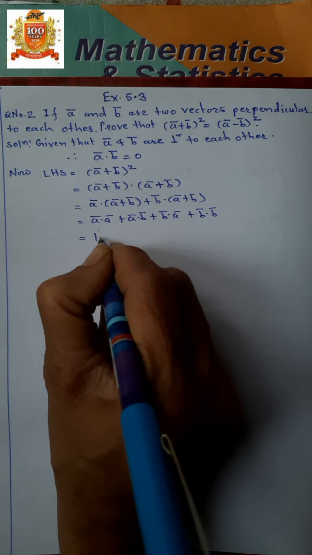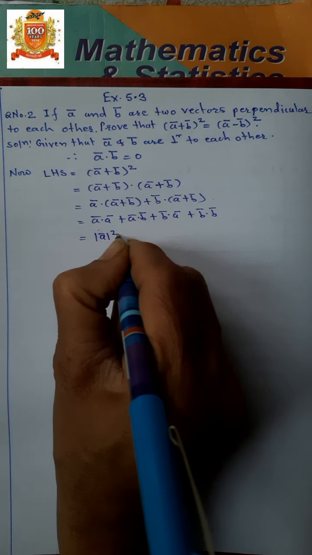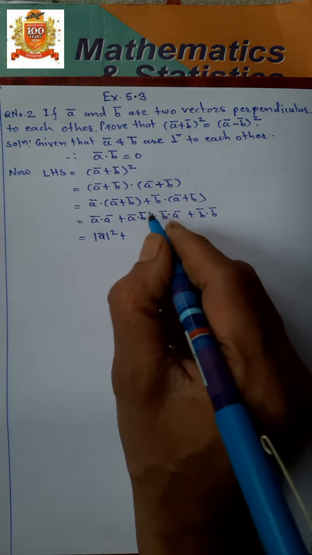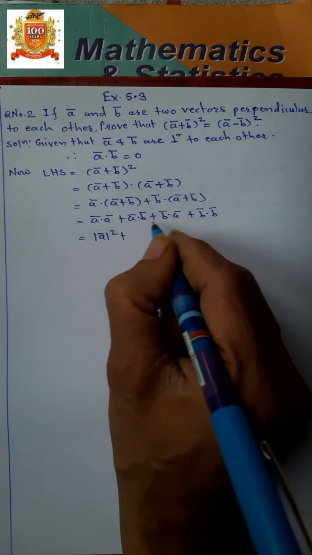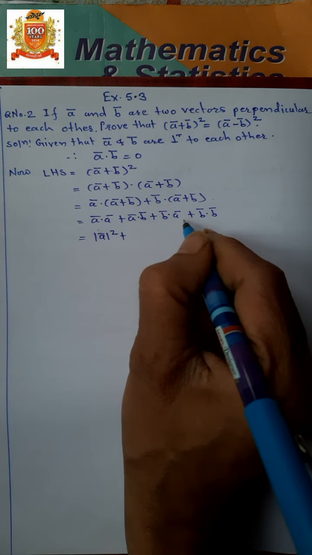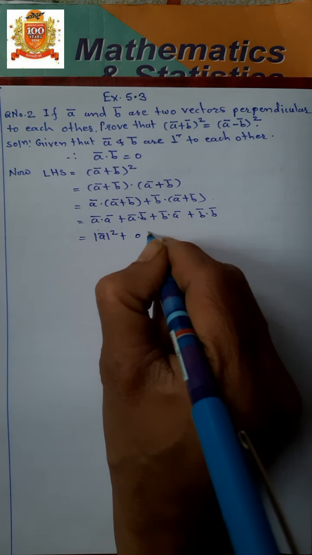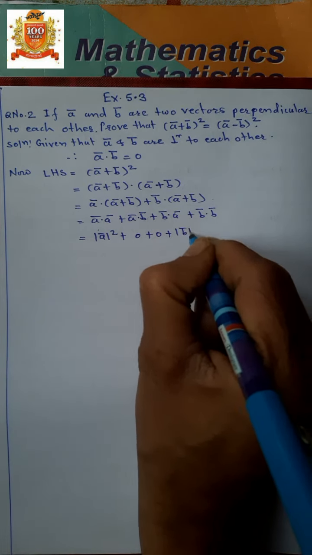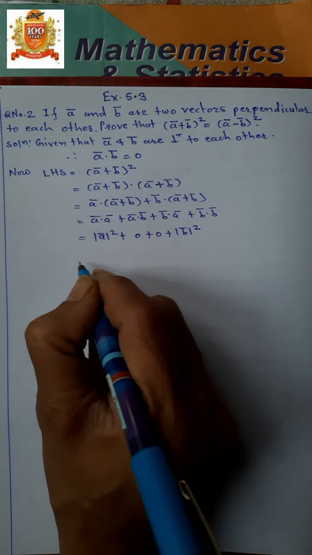This can be written as mod of a bar square plus a bar dot b bar is 0 as well as b bar dot a bar also 0. Therefore 0 plus 0 plus mod of b bar square.